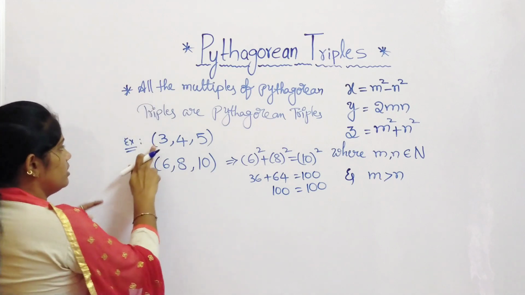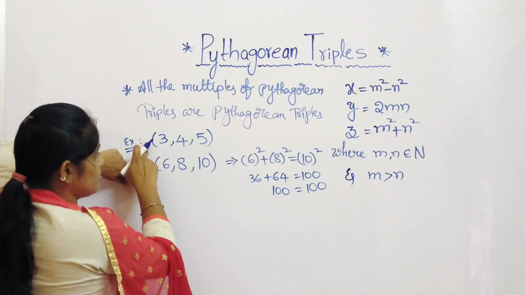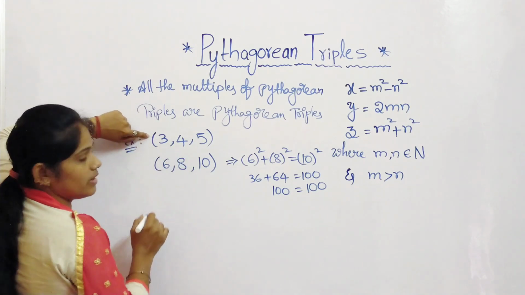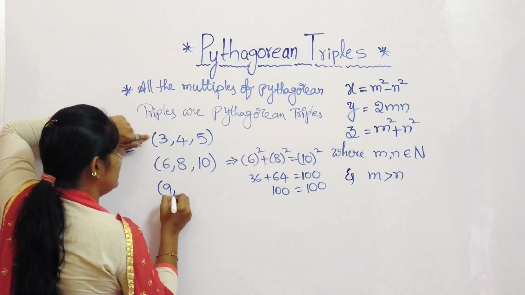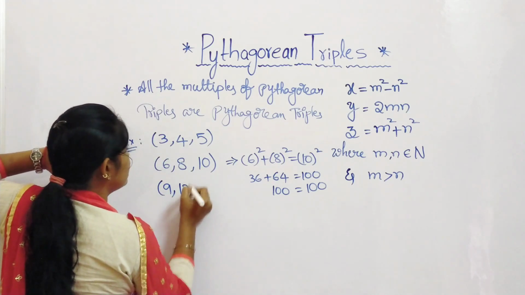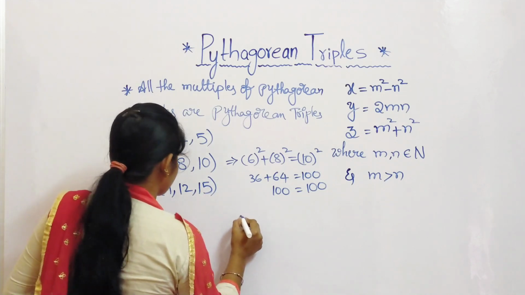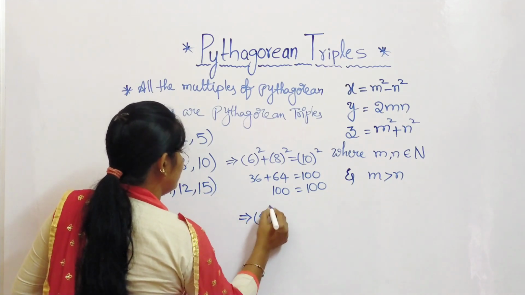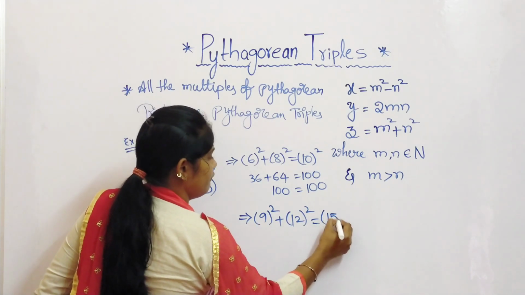Let us take one more. Here this was the value when we multiplied with 2. Now let us multiply with 3, the third multiple. 3 3s are 9, 3 4s are 12 and 3 5s are 15. Now let us check this one. 9 square plus 12 square is equal to 15 square.